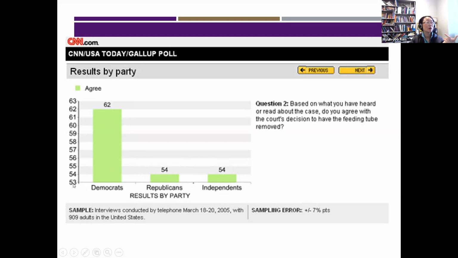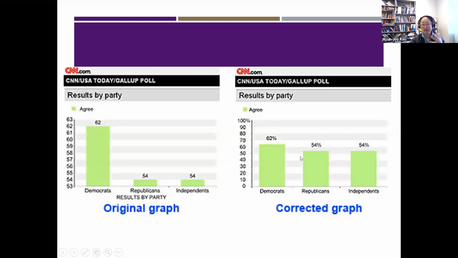But what if we ask, are they really that much different? If you draw a different graph, exactly the same data but with a different y scale, it goes from 0 to 100. 62% and 54% is not necessarily that much different.